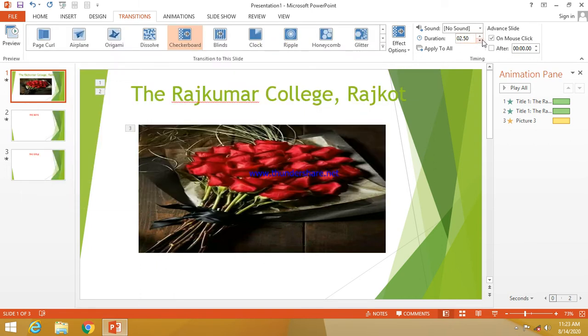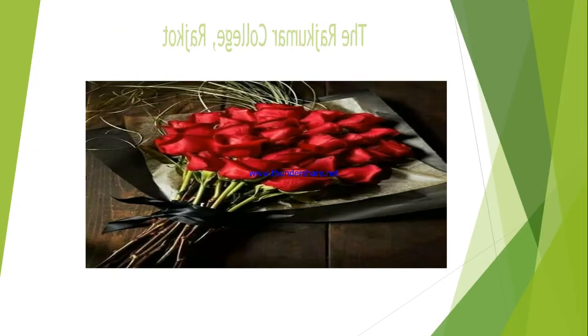So that's why I said. And you can click here, and choose how fast you want the transition to happen. You can select the timing from here. Okay, 5 seconds, apply to all, and then click on F5. So now automatically it should move.